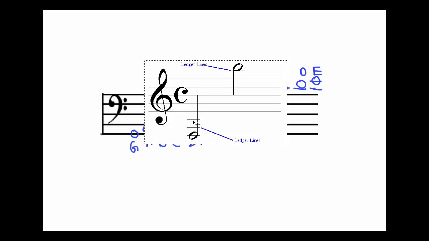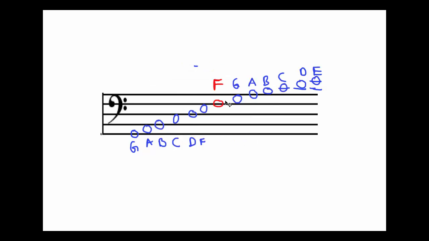Okay, so that's how you read the ledger lines. But we'll definitely get more into depth of all of these ledger lines once we start talking about major, minor scales. Okay, but the next step would be to add the treble and bass clef together to create the grand staff. So let's take a look at that now.